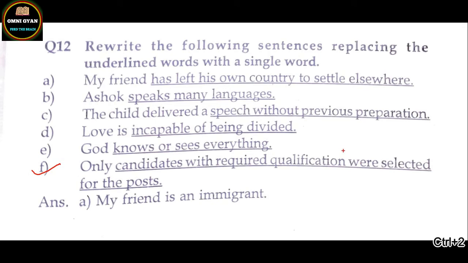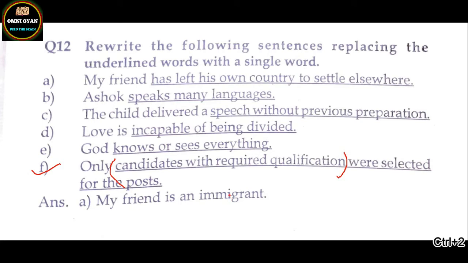I think there's a mistake here. Candidates with required qualification should be underlined, were selected for the posts. I don't think it was necessary. I do not know whether this is a mistake, or where I collected these one word substitutions from, or whether it was really printed, but I don't think the board will incorrectly print any question paper.